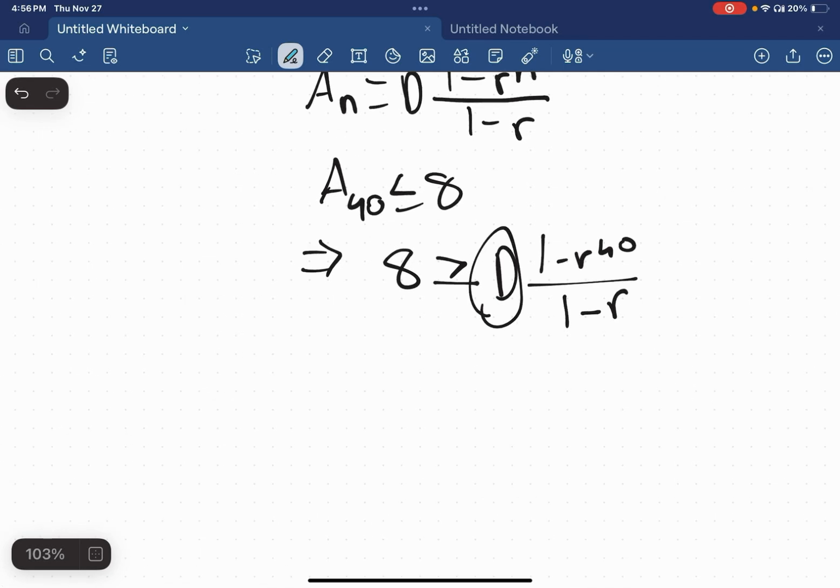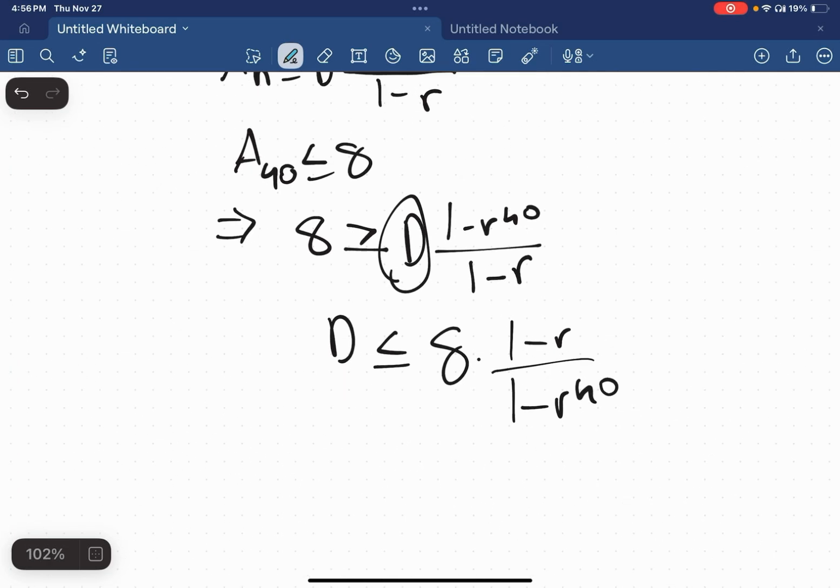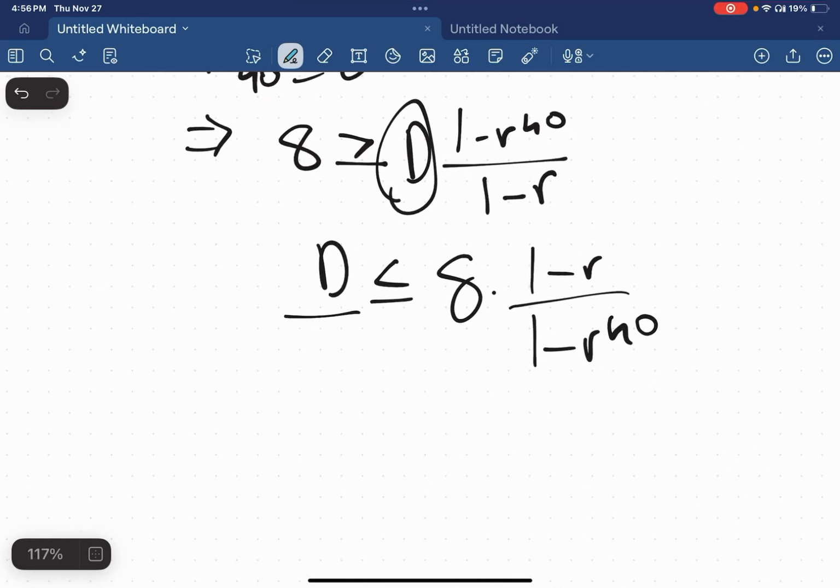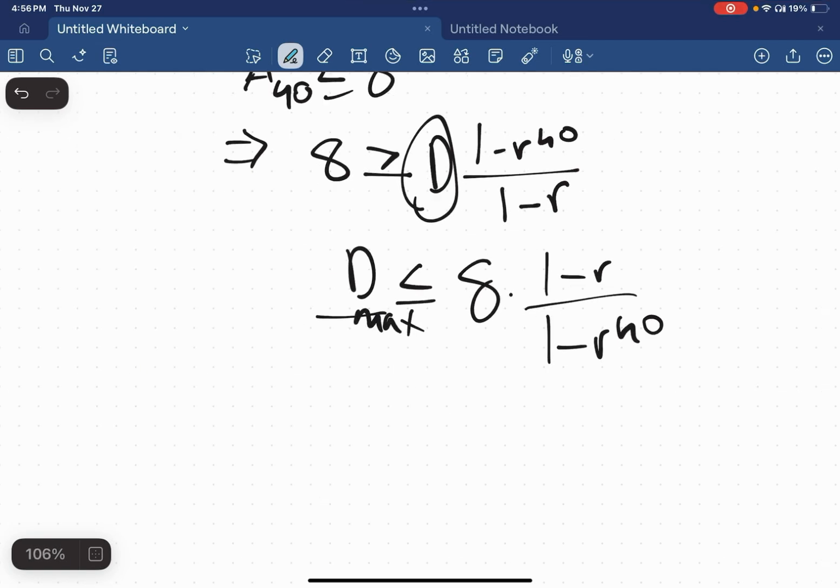So we're trying to evaluate what D is here. So we can just flip these equations around and get D has to be less than or equal to 8 times (1 minus R) divided by (1 minus R to the 40). Because we're trying to find how much drug we're able to put in him before it becomes dangerous.